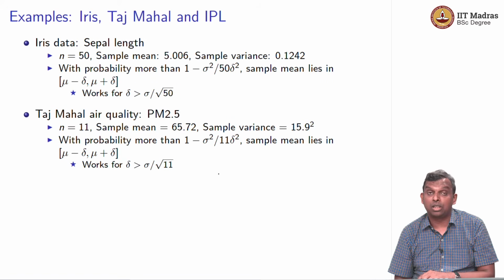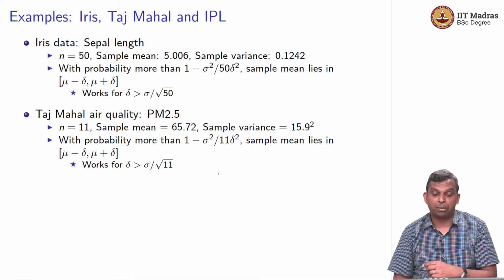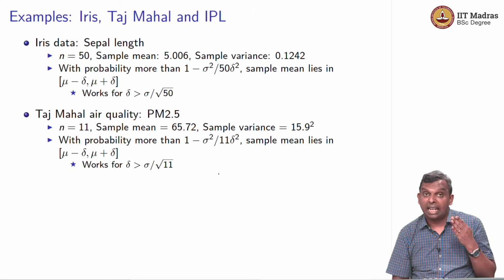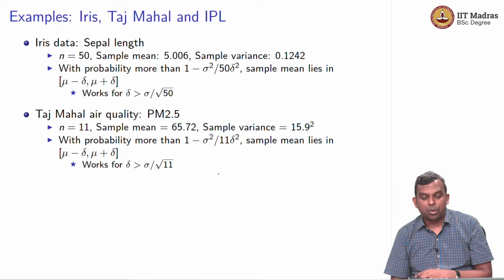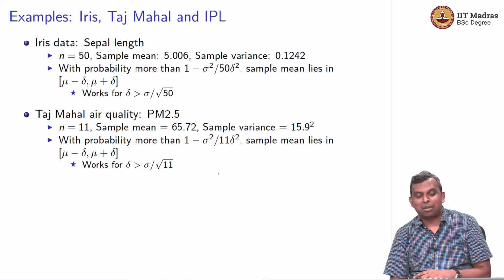Okay, the next thing is the Taj Mahal air quality. Supposing you take PM 2.5, we have only 11 data points and the sample mean is 65.72, sample variance is 15.9 squared. With probability more than 1 minus sigma squared by 11 delta squared, the sample mean lies in mu minus delta, mu plus delta is all that we are able to say, and it seems to work for delta greater than sigma by root 11.